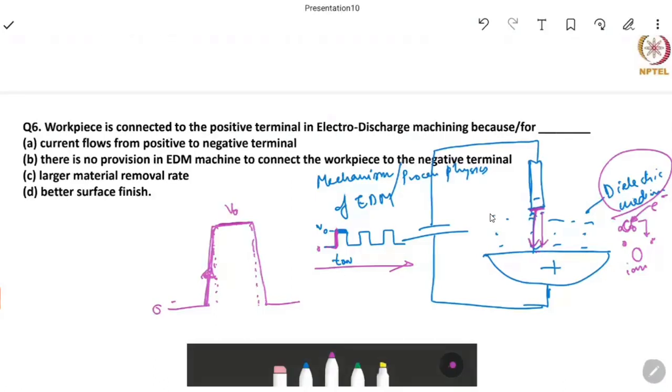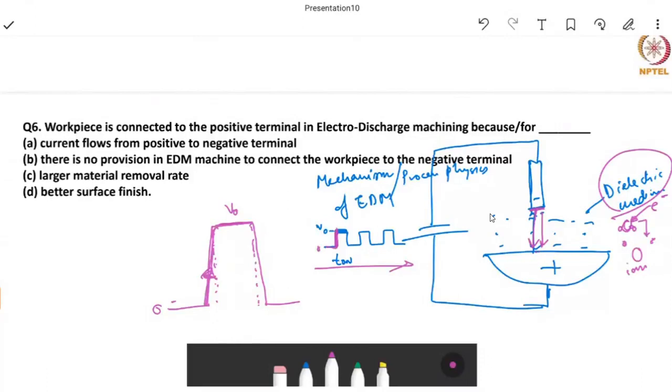Suddenly, beyond this VD, that is the dielectric breakdown voltage, this process becomes prominent: by the ionizing action of the electrons, the dielectric molecules break down into ions, and suddenly there is a large volume of ions in this channel.